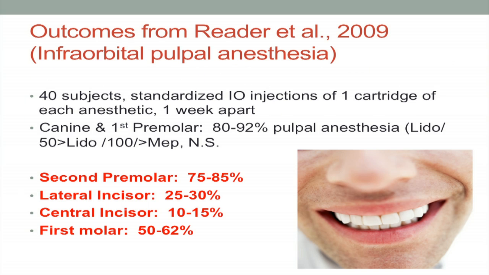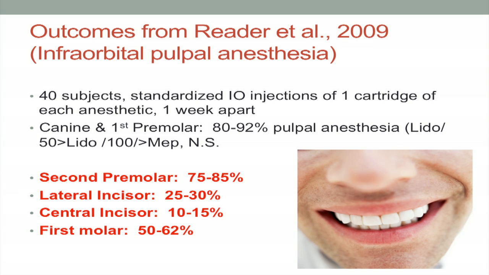In this study, there were 40 subjects who received standardized infraorbital injections of 1 cartridge of each local anesthetic spaced 1 week apart. The canine and the first premolar yielded success rates of 80 to 92% pulpal anesthesia.